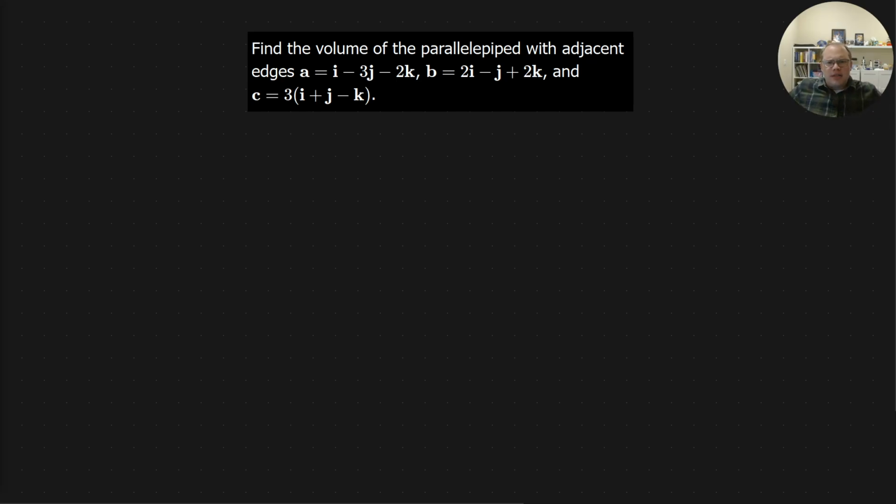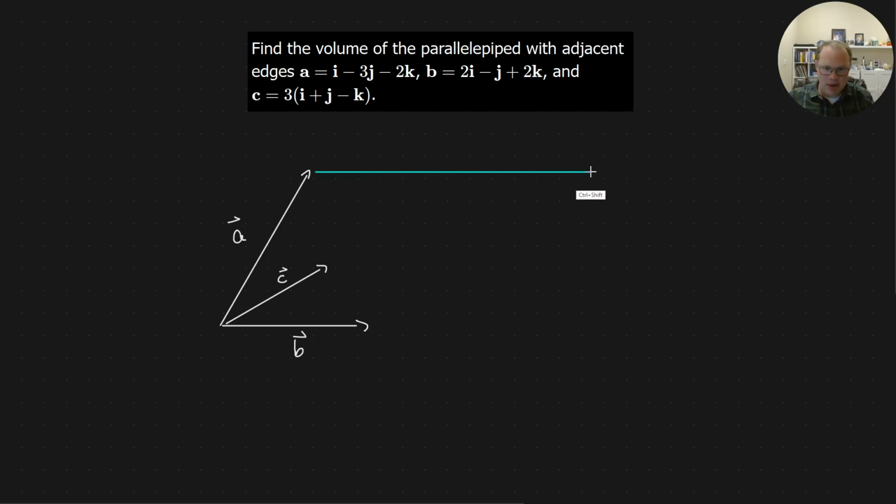So let's take a look at an example here. We want to find the volume of the parallelepiped with adjacent edges made up with vector A, vector B, and vector C. Okay? So you could draw that out in 3 space if you want, but we will essentially have something that looks like this. A, we have 3 adjacent edges, B, C, and then just the parallelepiped that's made up of those.